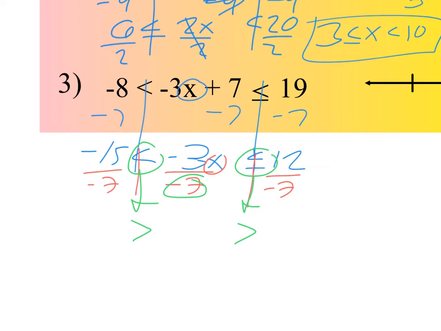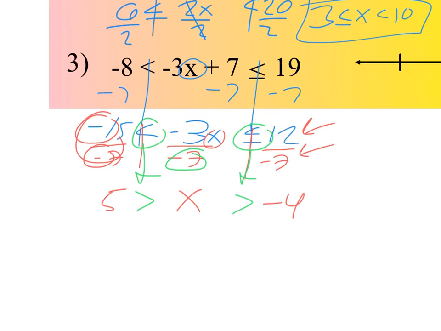Because I'm dividing over here on this side 12, which is positive, but I'm dividing by -3. So it becomes a negative now when it wasn't before. On the far left, look, I had -15. I'm dividing by -3. The negatives cancel. So now it's +5. It switches the sign of both of the sides, so you've got to turn your inequalities around or you'll get all the wrong answers.